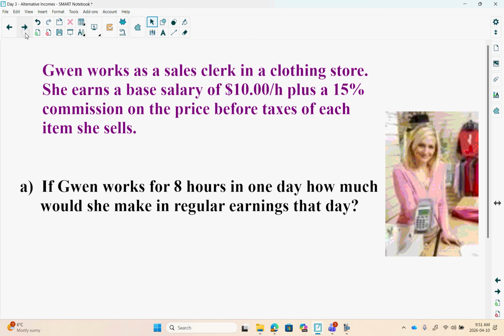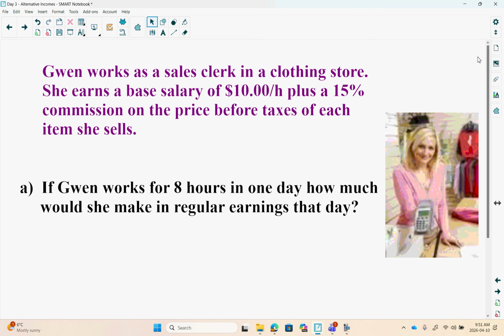Our next example, you're looking at Gwen. She works as a sales clerk in a clothing store, so she's working in retail. She earns $10 an hour plus a 15% commission on the price before taxes of each item she sells. So Gwen's getting paid an hourly rate, like most of us do, but she's also earning a commission on her sales, so she's earning more money.